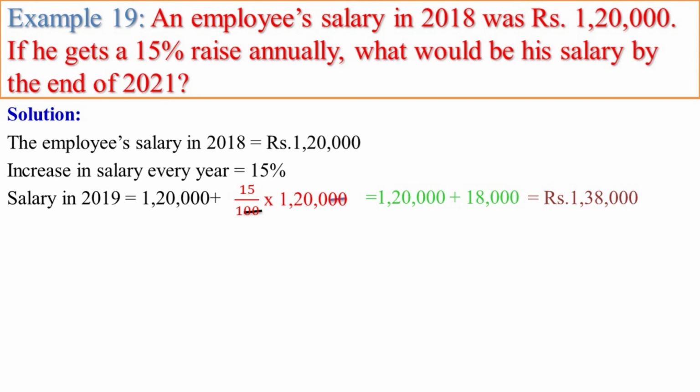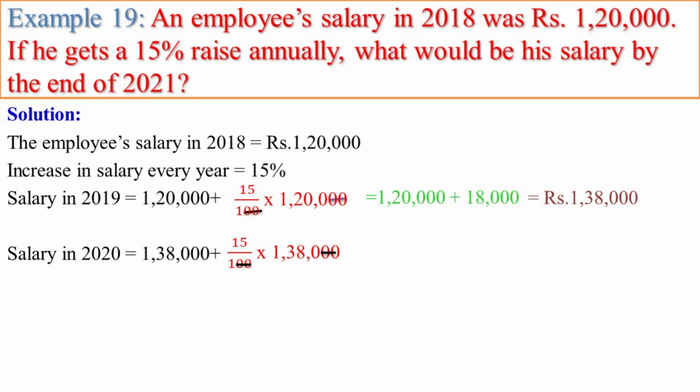Next, we have to find the salary in 2020. Here, we have to take the salary amount of 2019 first and then add 15% of the 2019 salary. 15% of 1,38,000. 2 zeros in 100 and 1,38,000 get cancelled.